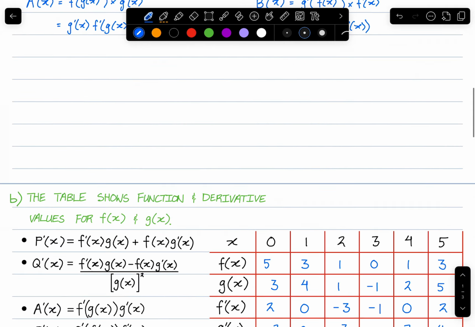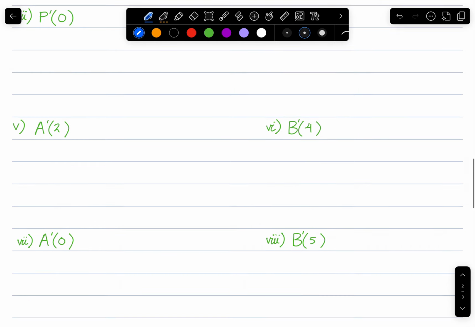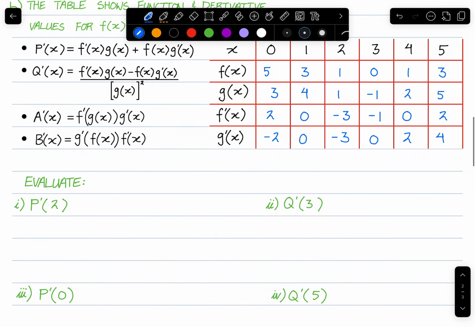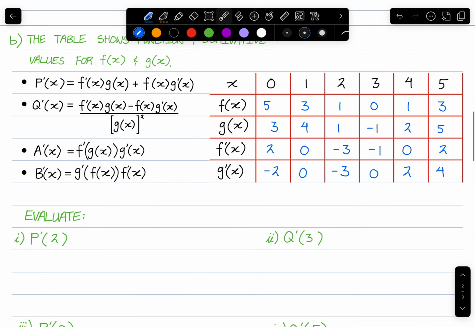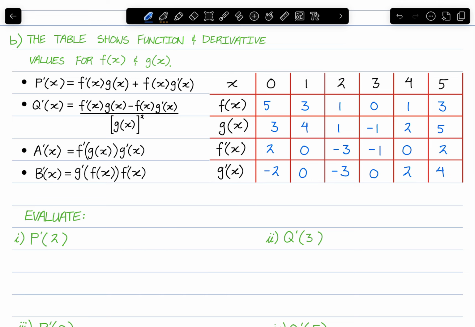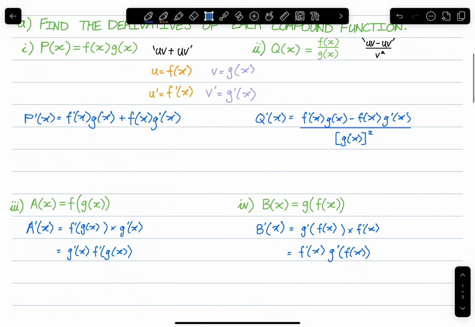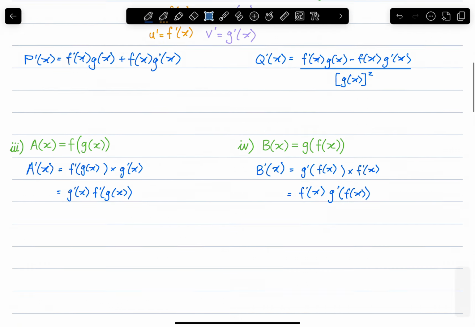Well, now that we have these, we can actually evaluate these expressions simply by following the exact same principles of functions. So in this case, p prime of 2, I'll do it just for the first two. What p prime of 2 means is we take our derivative here, which I will just copy paste for this one.